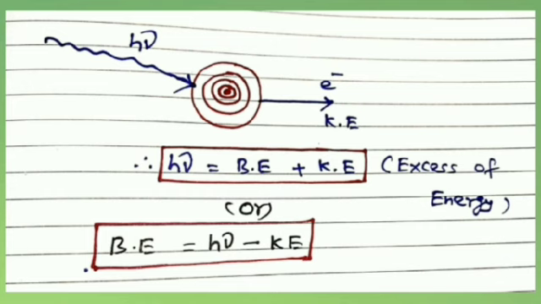Therefore, H nu must be equal to binding energy plus kinetic energy, or binding energy equals H nu minus kinetic energy. The ejected electrons depart with different velocities, and photoelectron spectroscopy measures the velocity distribution of the released electrons. This is the principle of photoelectron spectroscopy.